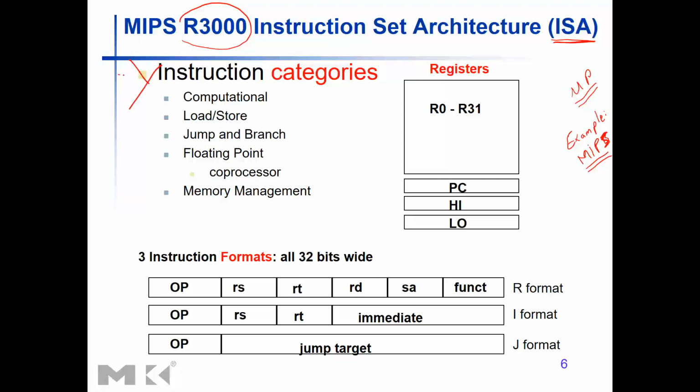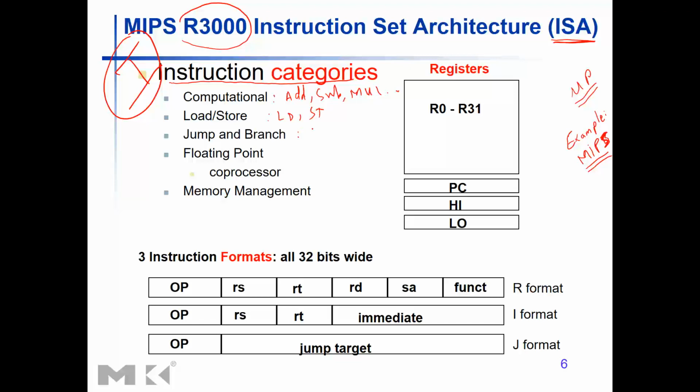First of all, the instruction set architecture tells me what instructions I can execute on this microprocessor. In terms of computation, do I have add, subtract, multiply, etc.? What kind of load and store instructions do I have?